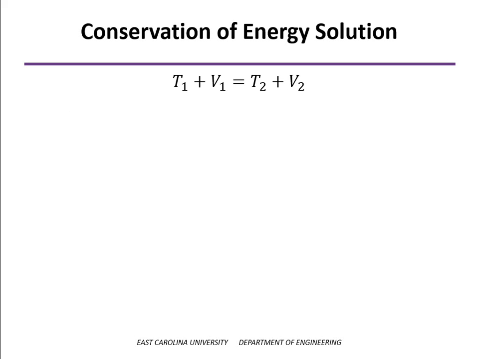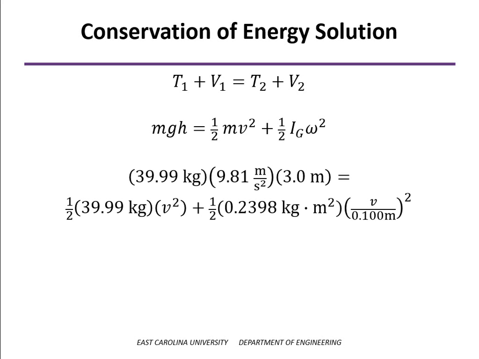So if we equate the energy at the top with the energy at the bottom and plug in our known values, again, it looks like we have two unknowns with the velocity and omega, but remember there is that relationship between the velocity and omega. The velocity is equal to r times omega, or omega is equal to the velocity divided by r, is how we've shown this here, since we're trying to solve for the velocity.